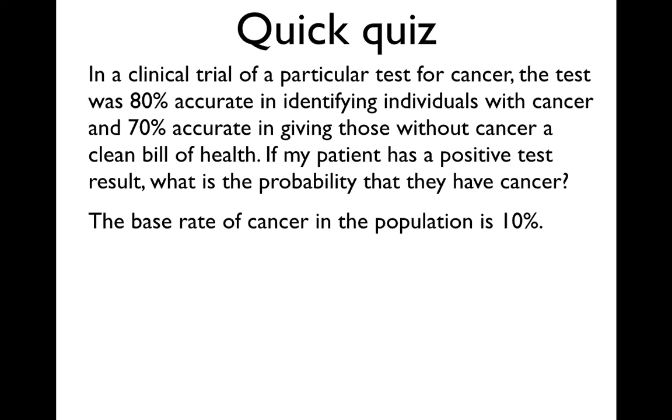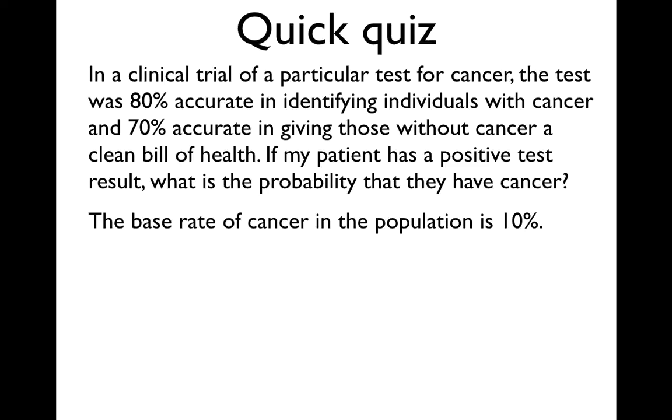I think typically the answer that most physicians will give you, even when you give them this base rate, is that with those numbers, they'd say, oh, I think it's about a 60% chance that somebody with a positive test actually has the cancer. But when you work out the math, it turns out to be only about 23%.